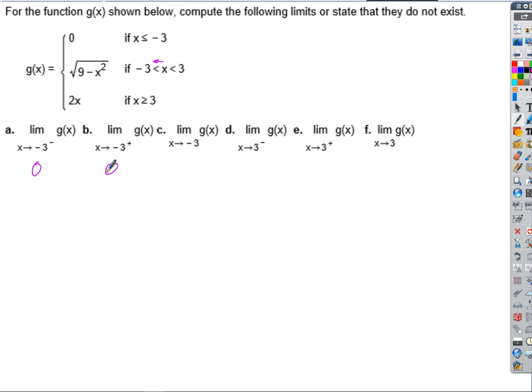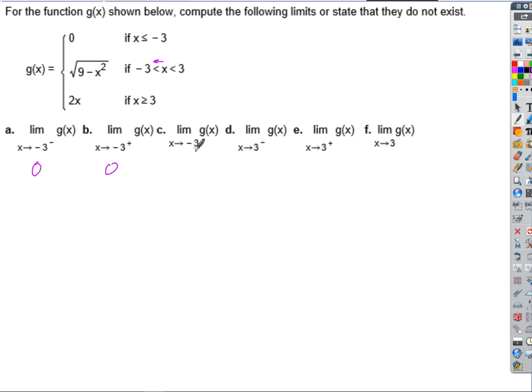What about the limit of g of x as x approaches -3? 0. How come? Say it again. It's the right. Okay, but we're not actually evaluating the function. We're evaluating the limit.